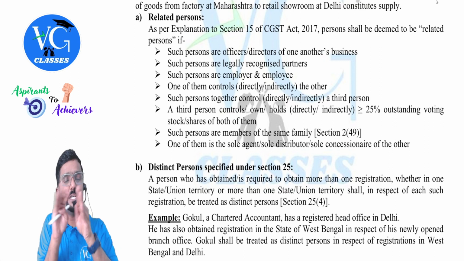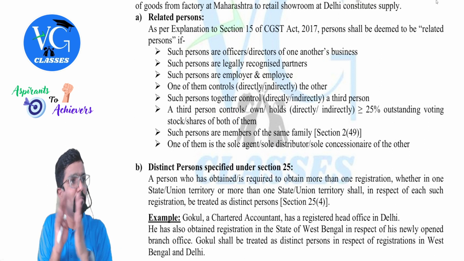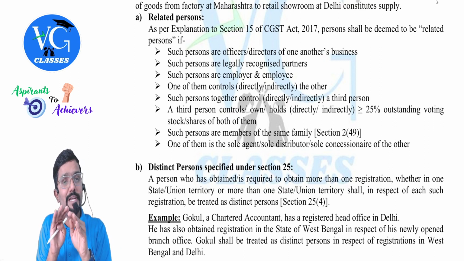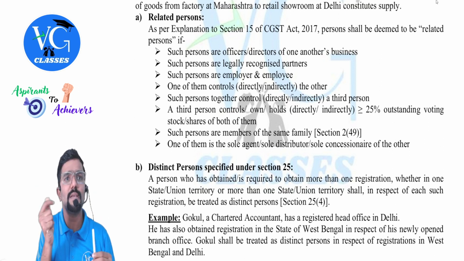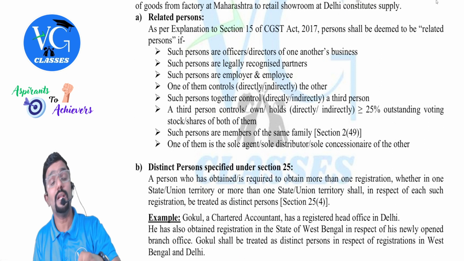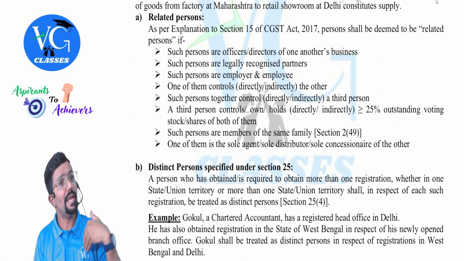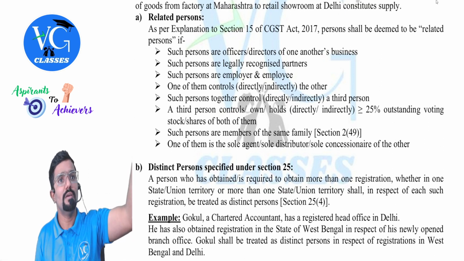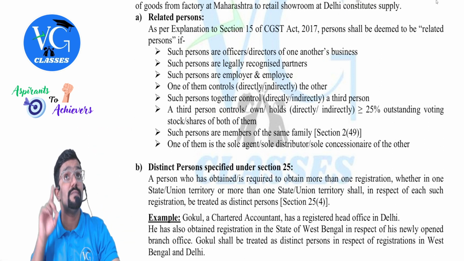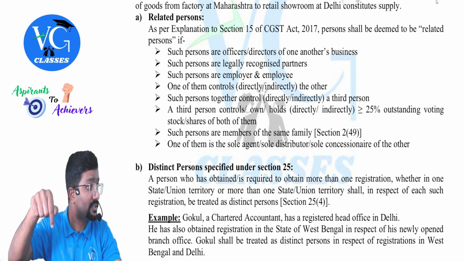For example, distinct persons exchange something without money, or related persons exchange something without money. Sir, is it a supply? Yes. Or else, let it be like this: I only gave, they didn't give anything, or she only gave, I didn't give anything. So it is actually no consideration, because if it is barter, consideration is there both ways.